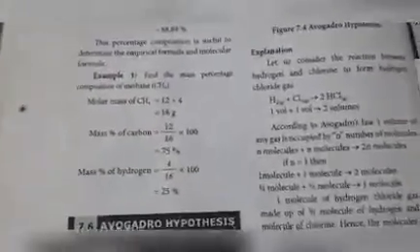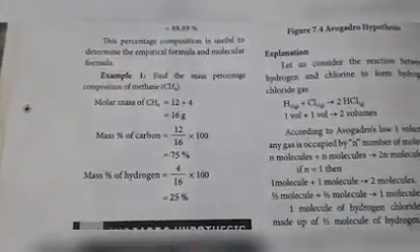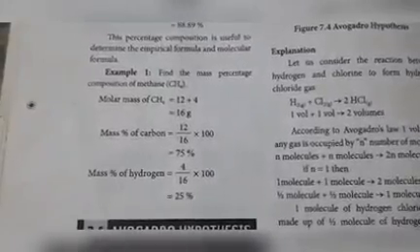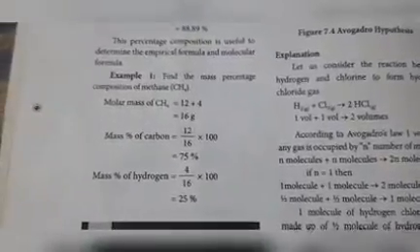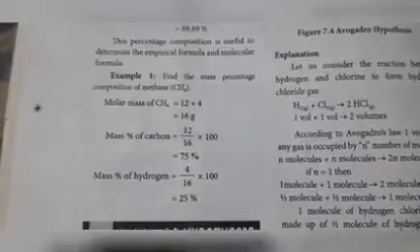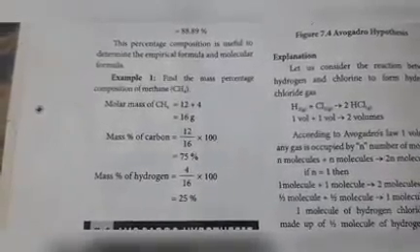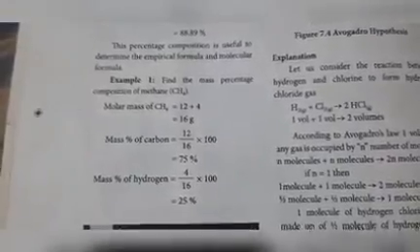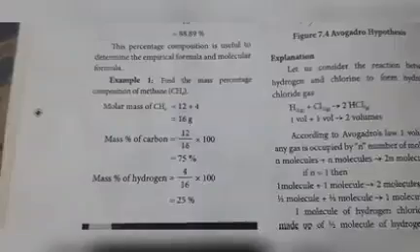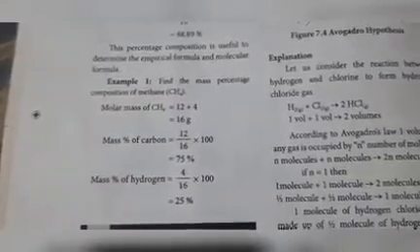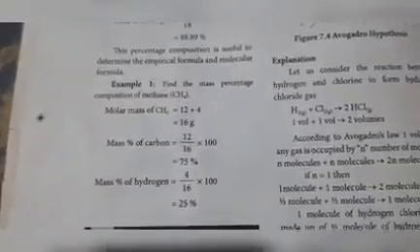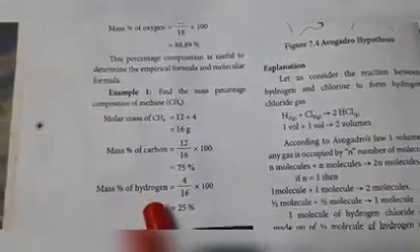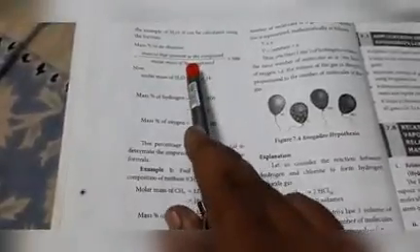One more example is given. Find the mass percentage composition of methane. The molecular formula of methane is CH4, that is C means carbon, H means hydrogen. From that formula we can understand that 1 carbon and 4 hydrogen are present in methane. So we can calculate the percentage of carbon and hydrogen using this formula.